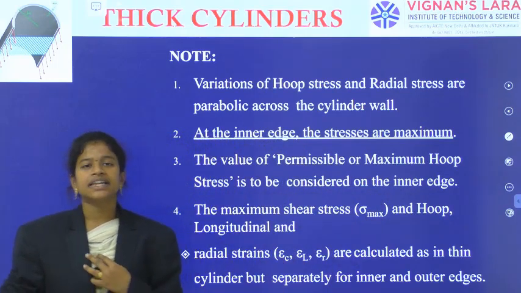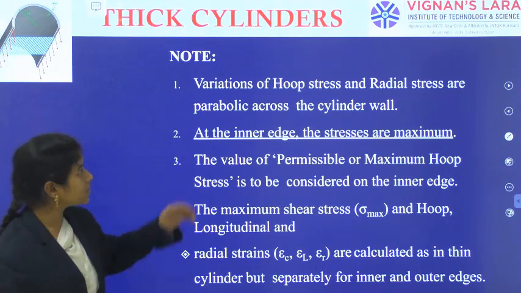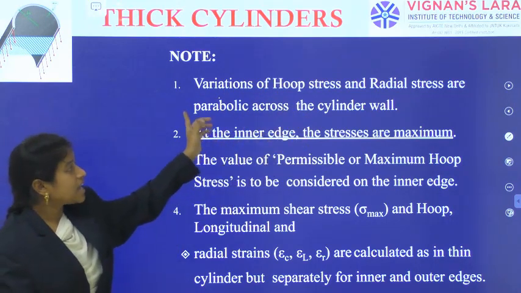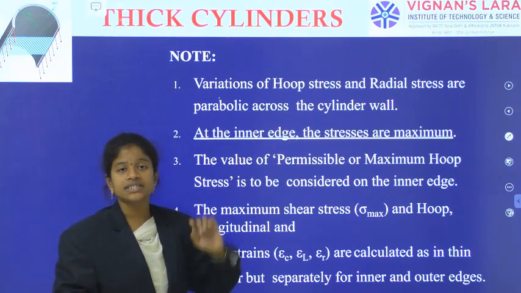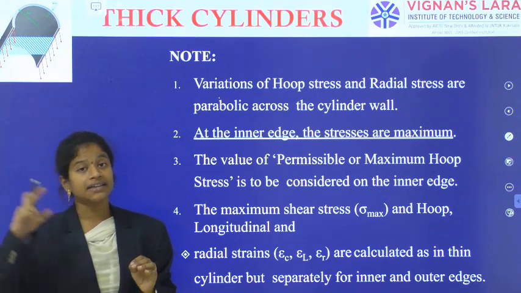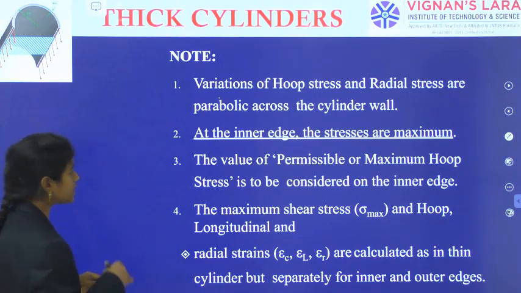While observing Lame's equations, what should you remember? The variations of the hoop stress and the radial stress are parabolic across the cylindrical wall. Why is it so?